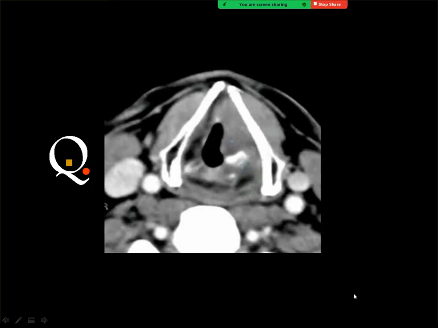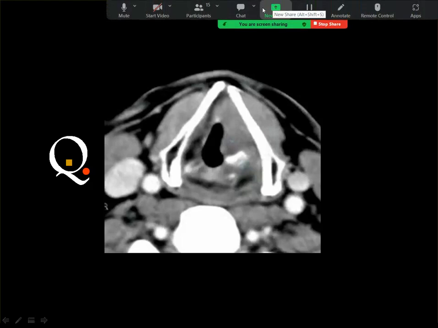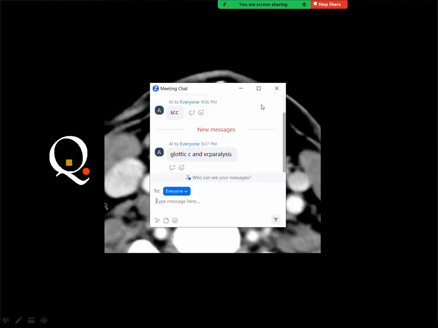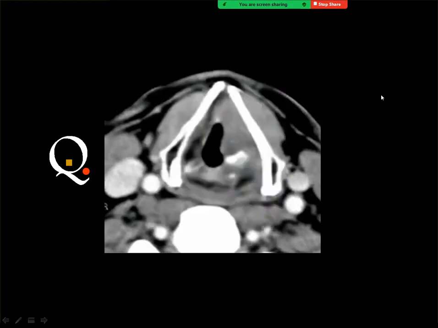The next case is a selected section from the CT of the larynx. Is this a glottic cancer?